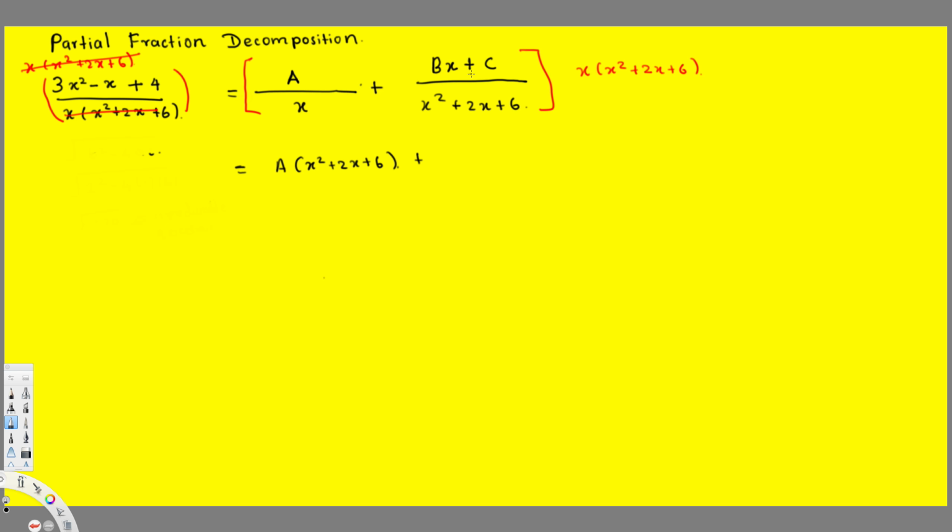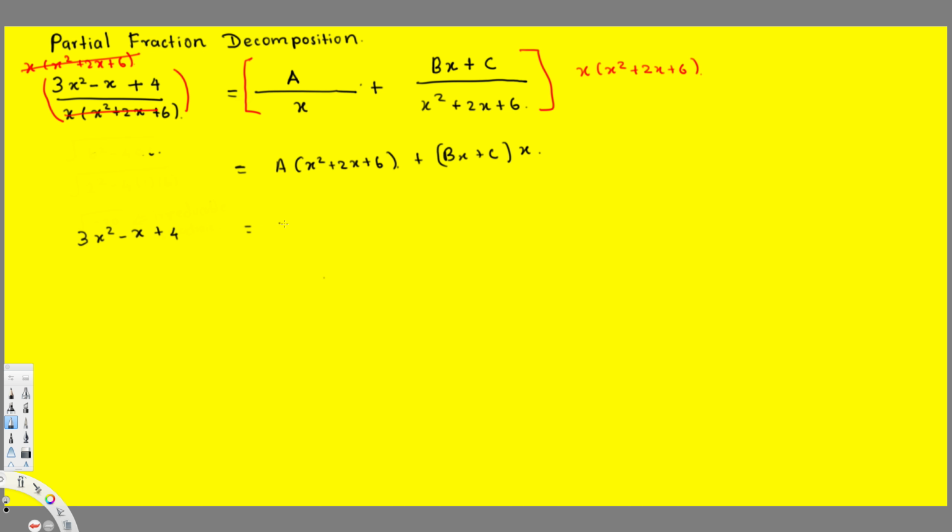And the second one is going to be bx plus c times x, right? And we have now simplified this one.